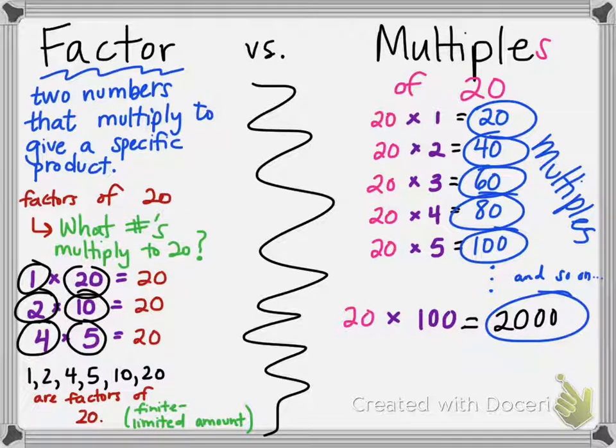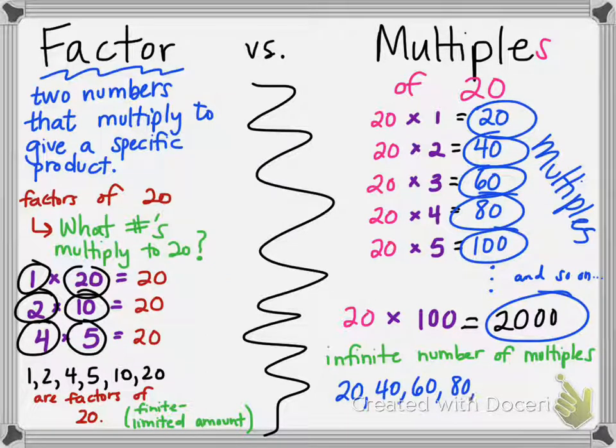So what we just found is that there are an infinite number of multiples, and think about to infinity and beyond, infinity means it'll keep going forever. So my multiples were 20, 40, 60, 80, 100.